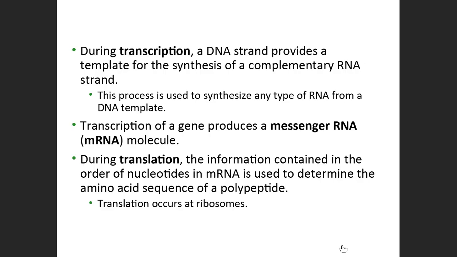So the information is going to be read in order to determine the sequence of amino acids in that polypeptide. And the little machines inside the cells that do this are called ribosomes. So the ribosomes are the little protein synthesis machines. They read the messenger RNA and translate it into a polypeptide by joining a bunch of amino acids together.